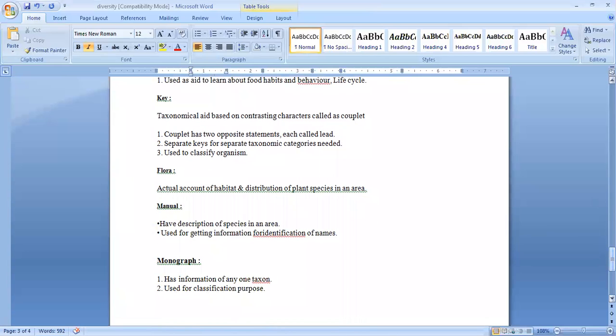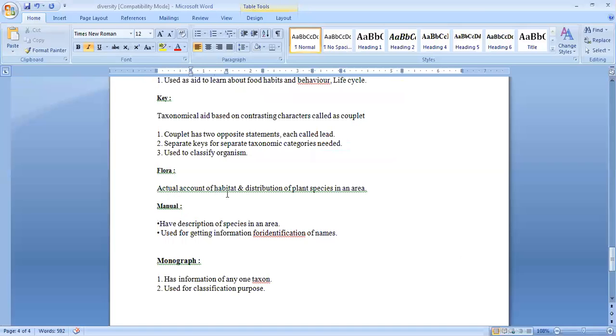Key is a taxonomical aid based on contrasting characters called couplet. A couplet is two opposite statements and each is called a lead. So if you have a lead of one, you go in that direction. If you have the lead of the opposite statement, you go in that direction. So separate keys are there for separate taxonomic categories and they are used to classify organisms.